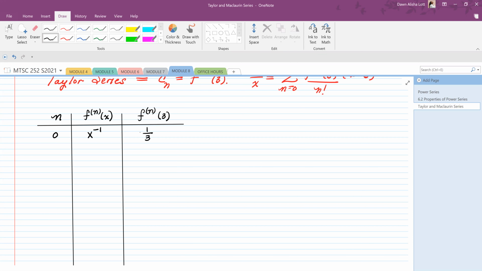All righty. The next one is the first derivative, which is minus x to the minus 2. And then I'm going to get minus 1 over 3 squared. The next one is a 2. Its second derivative is going to be a positive 2x to the negative 3.